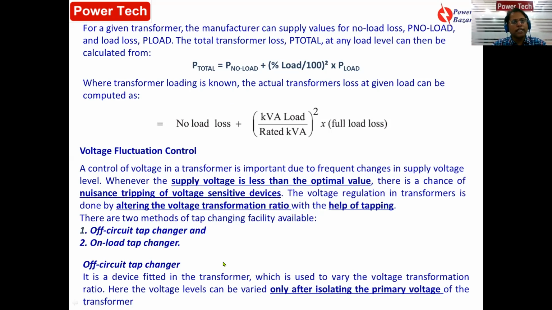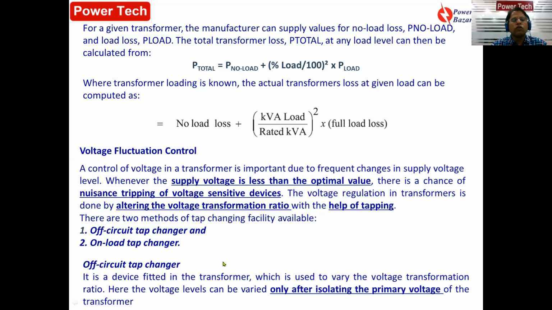So, if I am increasing the number of turns in the ST side, then the voltage will improve. If I reduce the number of turns by moving the contact point, then the voltage will reduce. So I have a choice to increase or reduce the voltage by changing the number of windings, by moving the contact along the windings.